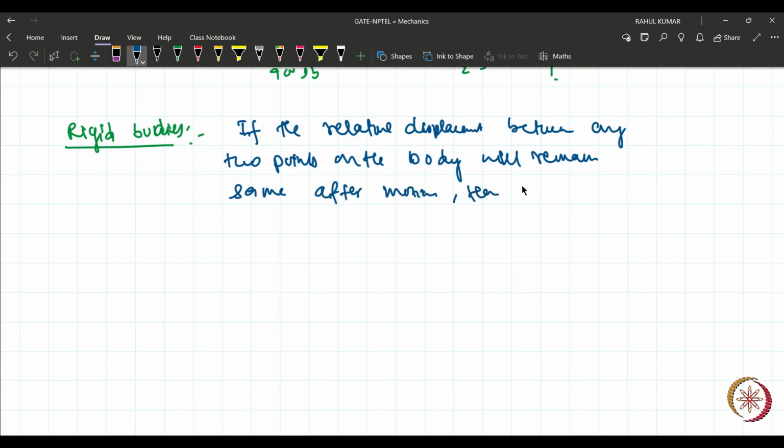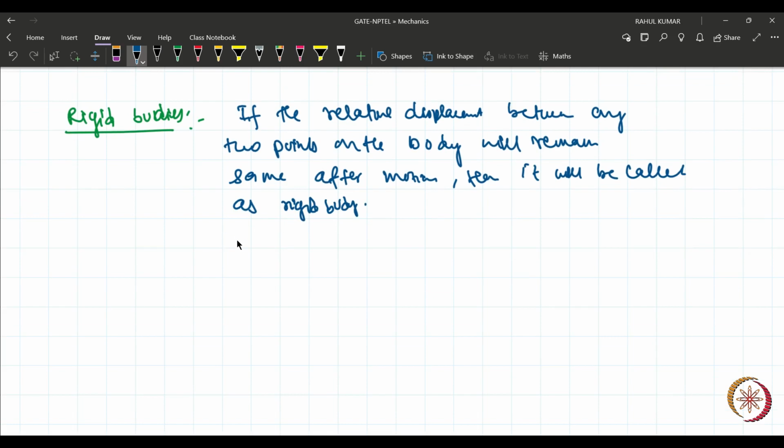Then it will be called a rigid body. Why am I talking about relative displacement? You are saying that 2 points will not move.